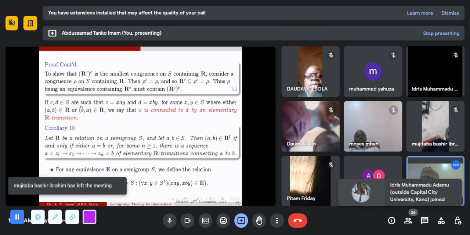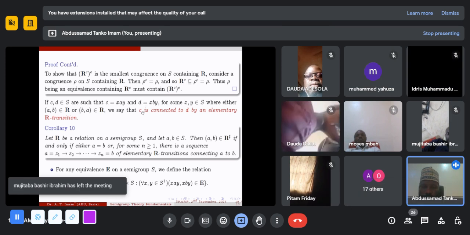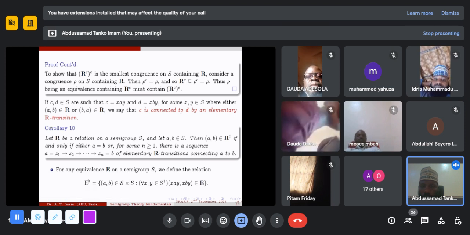So such elements C and D are said to be connected. We say C is connected to D by an elementary R transition. It happened in this way.